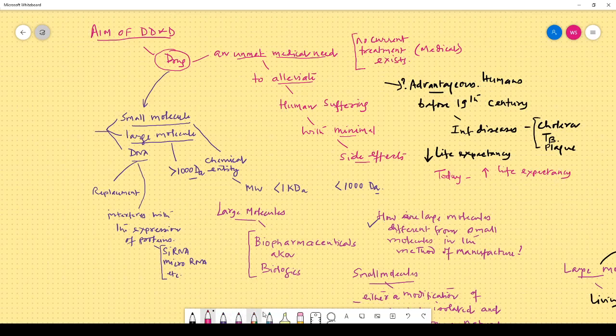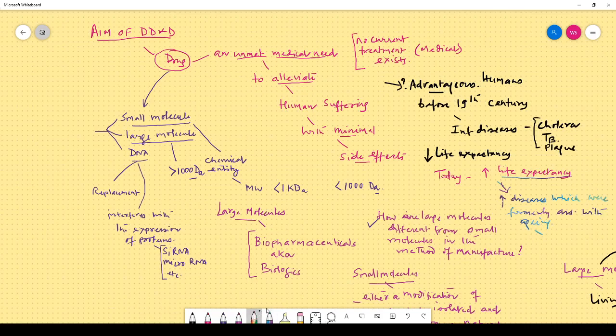Okay, but that also has got a small problem. Okay, so increased life expectancy, that has also typically produced some problems. What's the problem? Well, they have increased diseases which were formerly associated with aging.